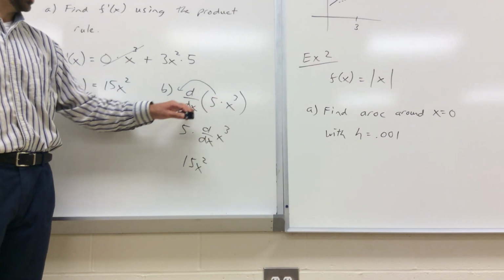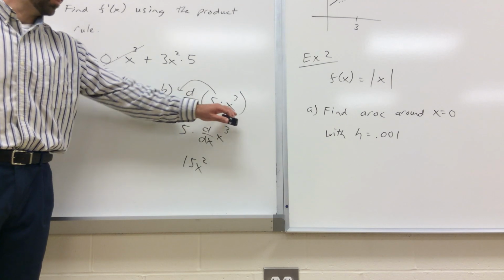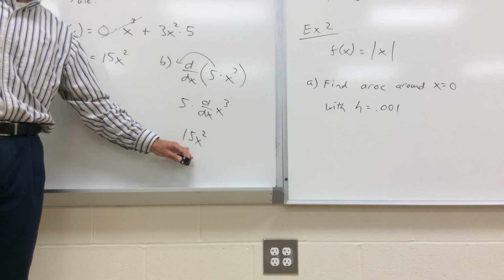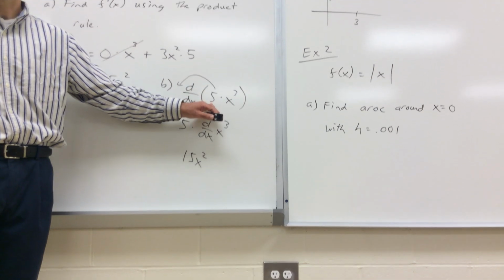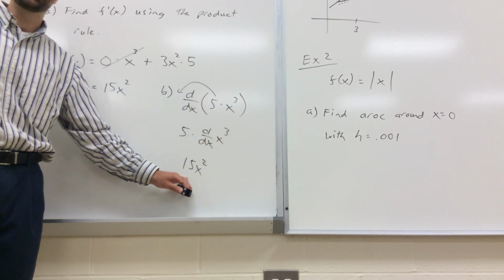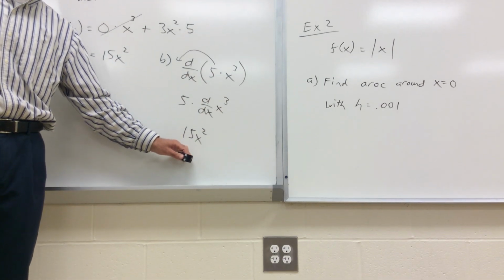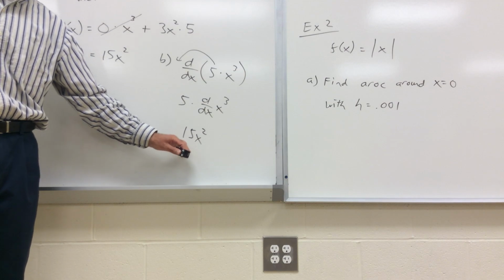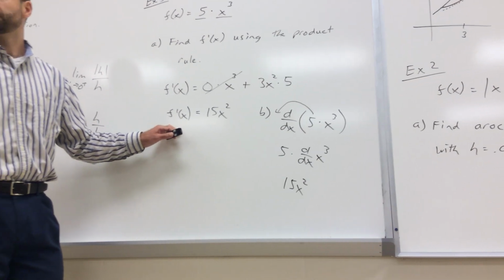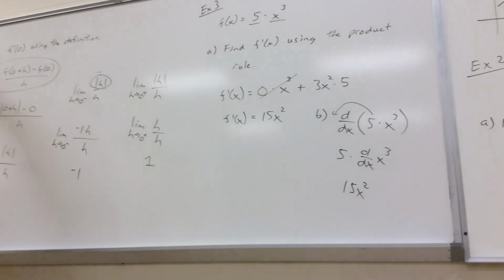What people do is they see this and then they say, oh, that's 0 times x cubed, so the final answer is 0. That's the wrong way. They see the 5 and they say, oh, the derivative of 5 is 0. And so this final answer is going to be 0 because 0 times anything is 0. And that's mixing up these two rules. All right.